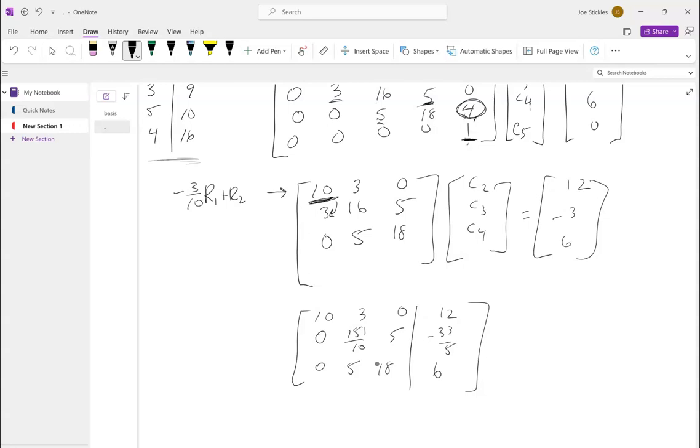But let's think about how that step worked. We looked at the ratio of these two terms, right, to make this a 0, right? We agree with that? So we did negative of this one divided by that one, right? And then we used the same coefficient all the way across.